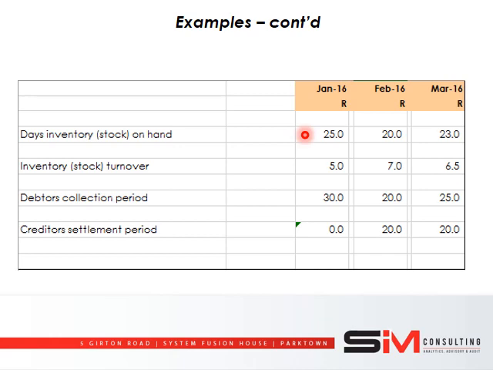For the period January 2016, you can see the days inventory on hand. It is 25 days. What it means is that on average the stock is on hold for 25 days in the warehouse or the manufacturing house of the company.